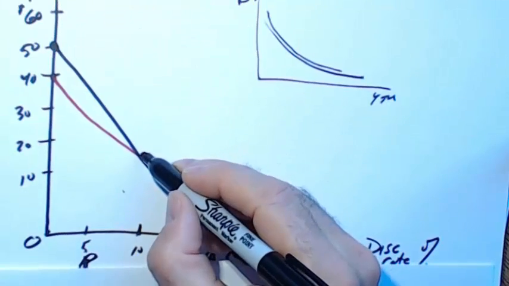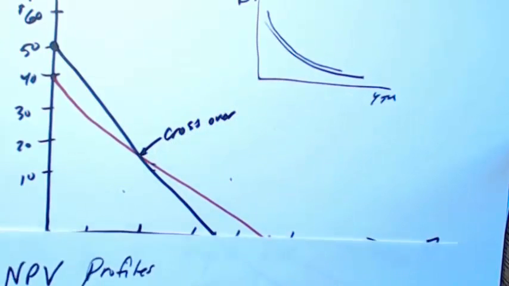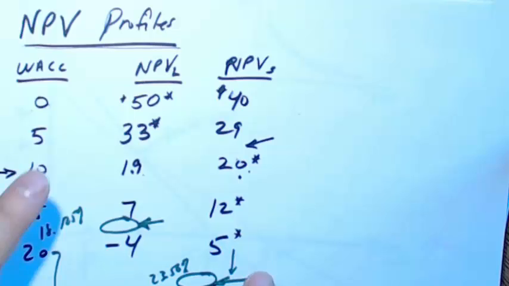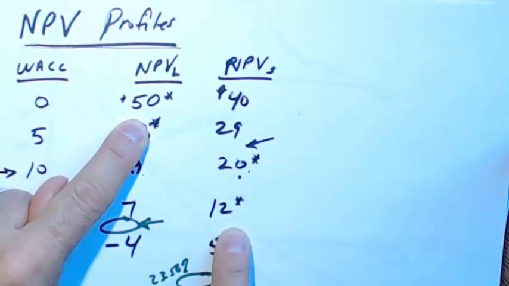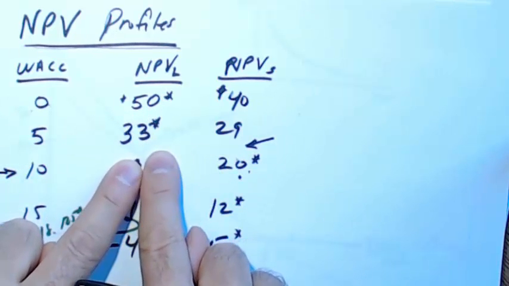This is the crossover rate, where the net present values are equal. If this is the winner here for L, and S is the winner here, somewhere these net present values are equal.